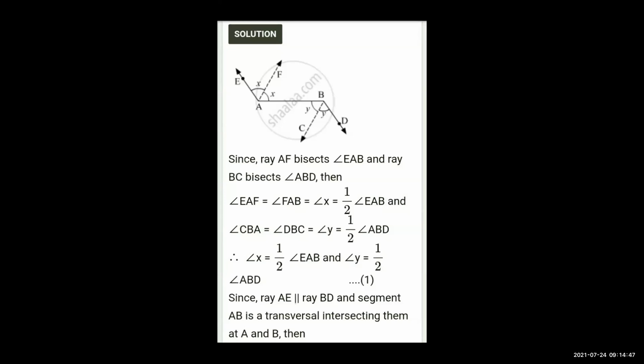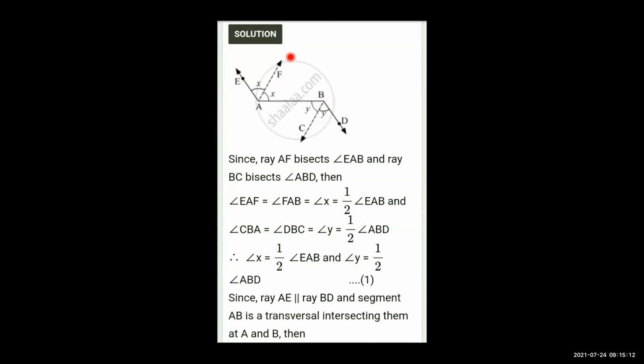Now see here the solution. Again see the diagram. Ray AF bisects angle EAB. We all know EAB is the angle, and ray AF bisects it.